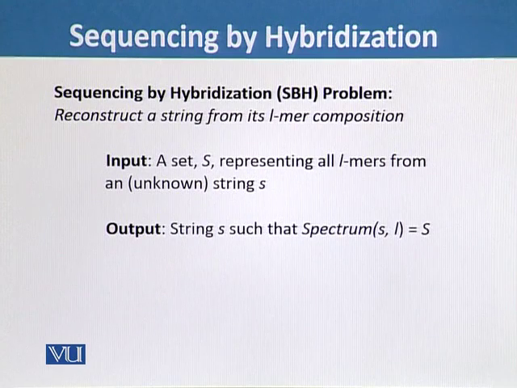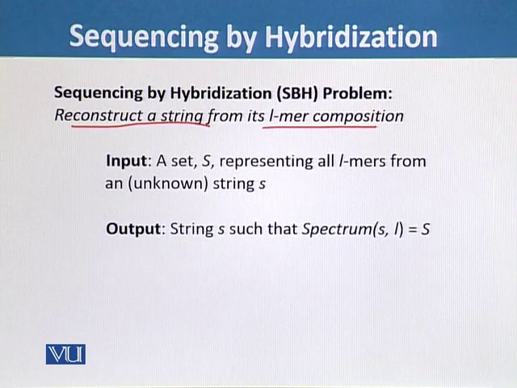For this, the problem statement is that we have to reconstruct a string from its L-mer composition. As we have seen in the previous slide, the input to the algorithm is a set, represented by S, containing all the L-mers from an unknown string.